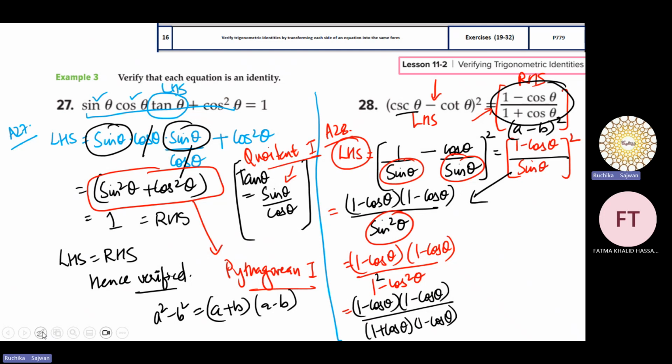So which term cancels? 1 minus cos theta, 1 minus cos theta goes, and you're left with nothing but the right side. Let's check: 1 minus cos theta on the top and 1 plus cos theta in the bottom. Yes, that's what we got. So we have verified that both sides are equal. Question 28 is completed.